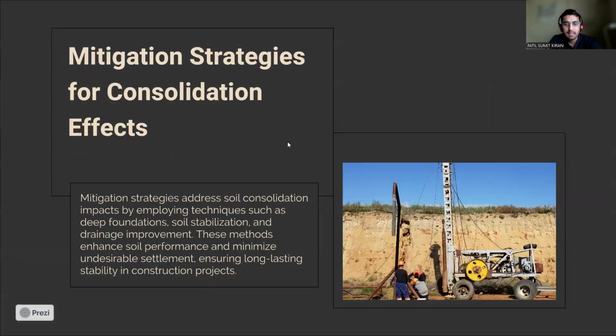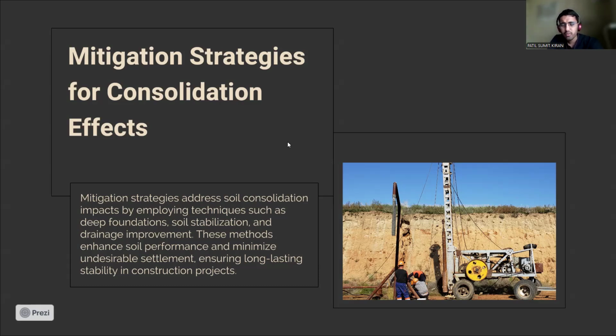Next are the mitigation strategies: what can be done so that the structure is not harmed by soil settlement due to consolidation. Mitigation strategies address the impact of soil consolidation by employing techniques such as deep foundations, soil stabilization, and drainage improvement. These methods enhance soil performance and minimize settlement, ensuring long-lasting stability in the construction project.